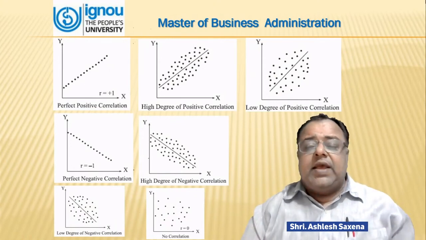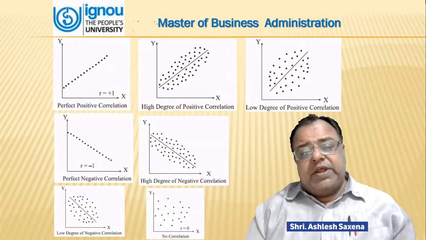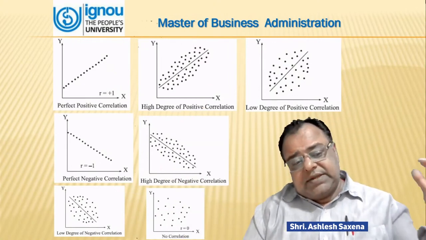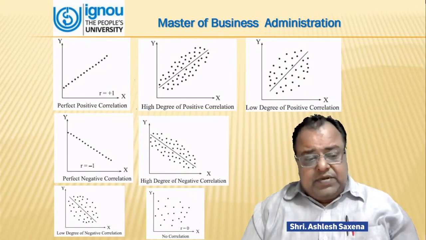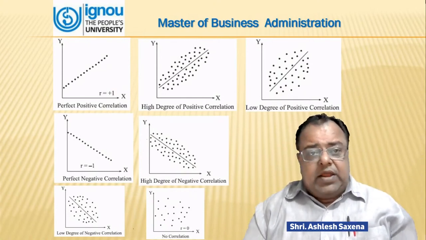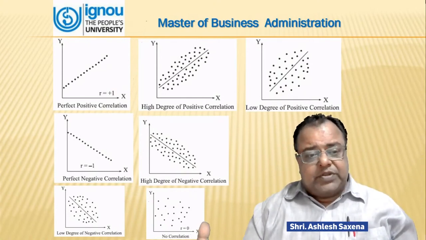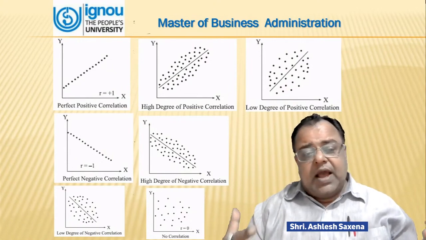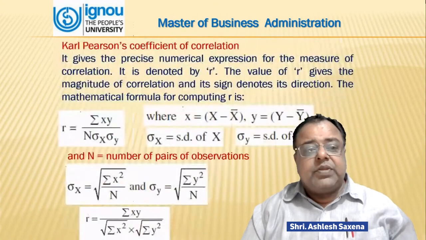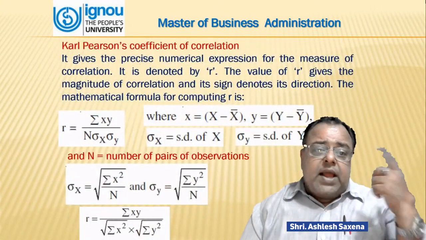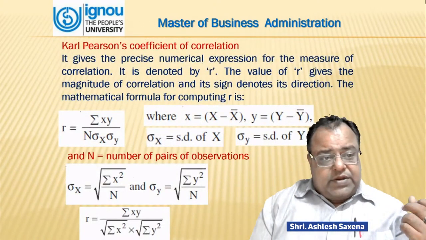If they are widely scattered and moving up, that is a low degree of positive correlation. Similarly, if the graph is coming down, it is negative correlation. And if all the points are scattered, R is equal to 0, and there is no correlation between the two variables. Secondly, it is the Karl Pearson coefficient of correlation.